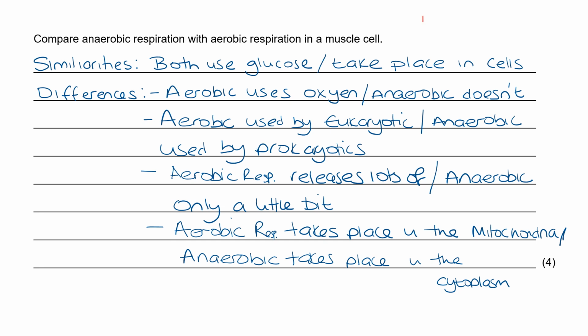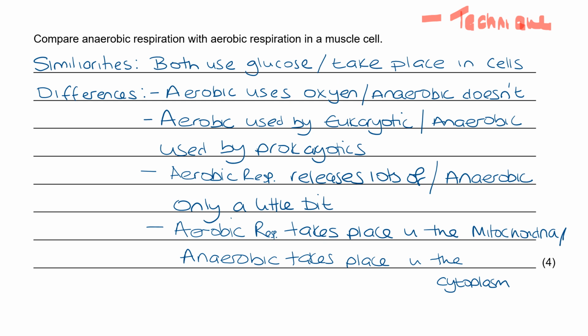So think about first of all your technique, point for point or paragraph, and then secondly, make sure when you are writing out your statements, make sure that you specify which type of respiration you are actually talking about.